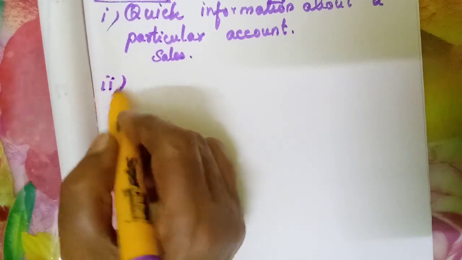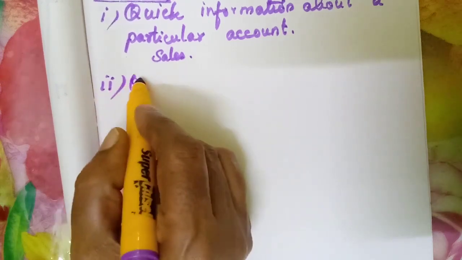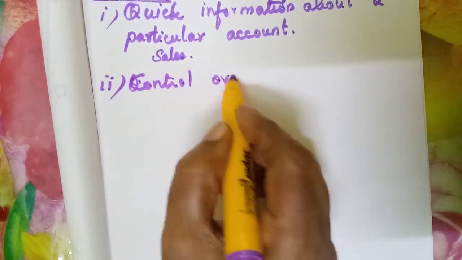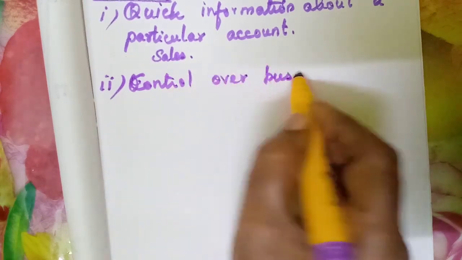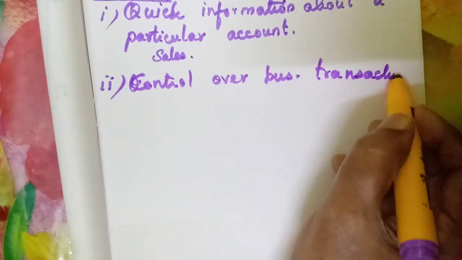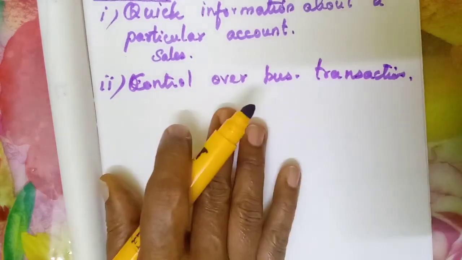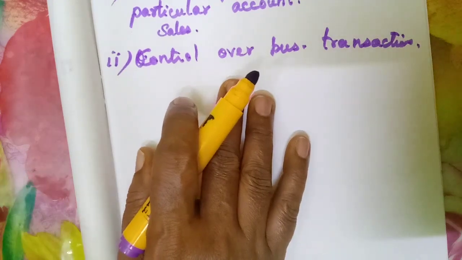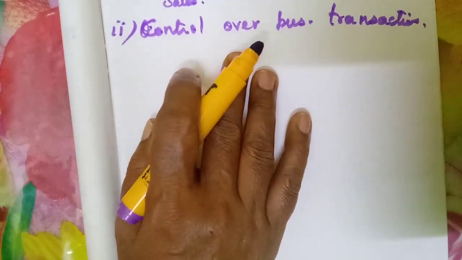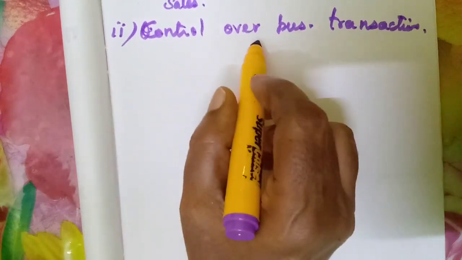Second one, control over business transactions. Here, each account we can know individually, clearly, correctly, fully. So it is like analysis of accounts.